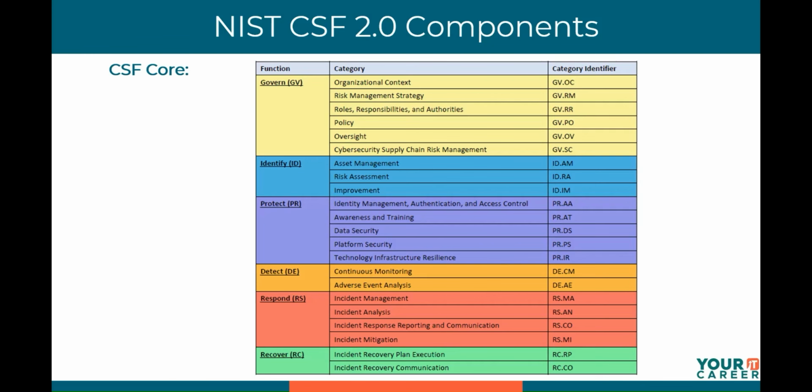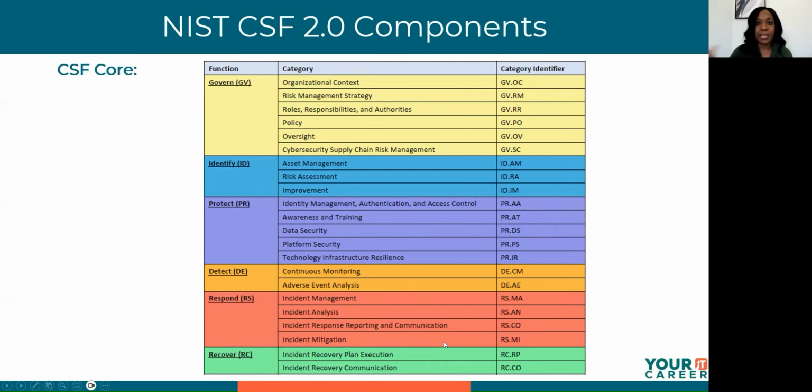So this is the core, guys. This is the core of CSF 2.0. And one of the things, again, I know at the end I said we'll talk about the implications for your career. But as I was going through this, you should already have been thinking, okay, now I see why all those controls and things that Paige talks about in the IT audit program matter. I see where that's coming from.